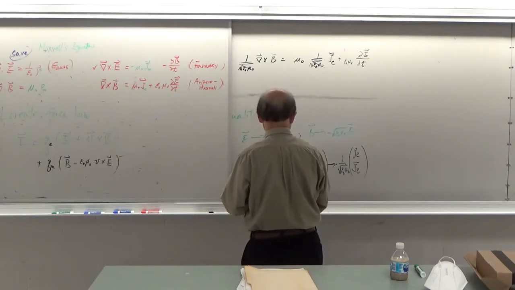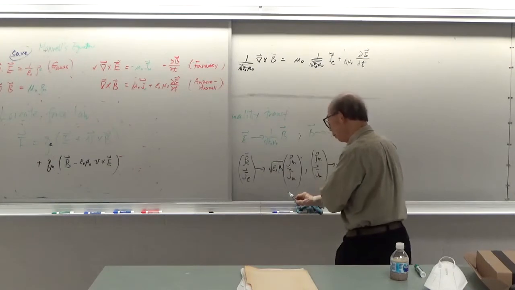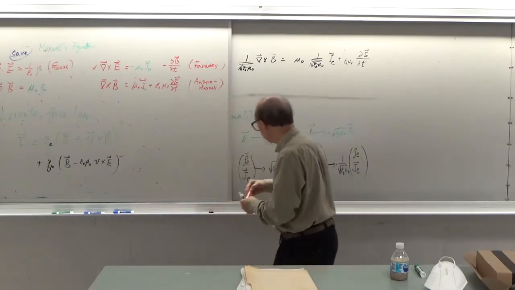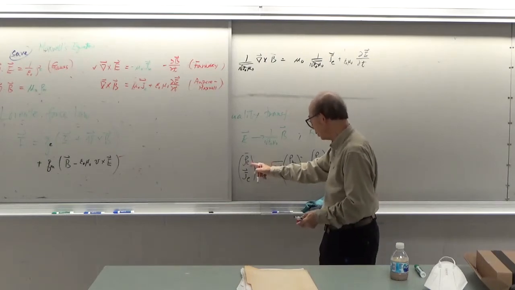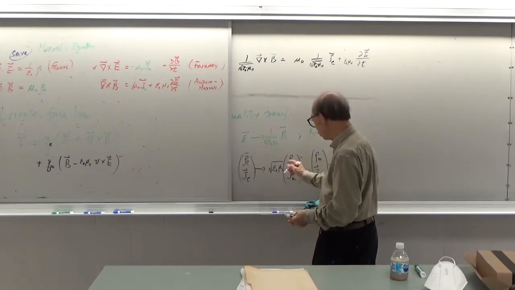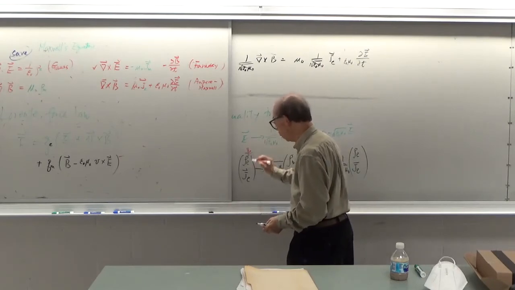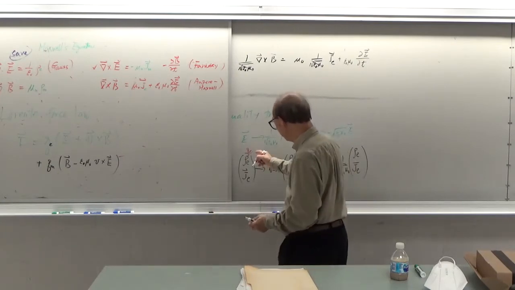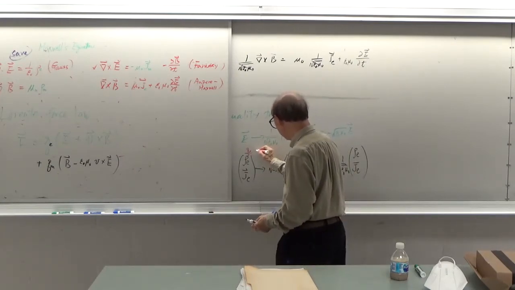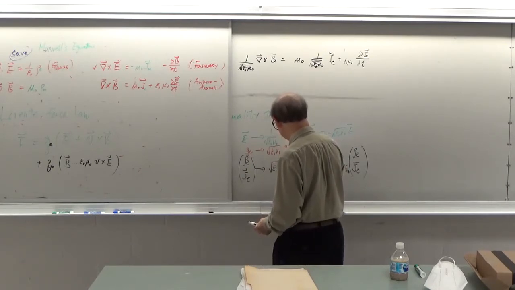And let me see. I should also mention one more thing about the duality transformation, namely that since we have charge density transformation, of course, Q_E, the electric charge, would go into this factor, square root of epsilon naught mu naught Q_M.